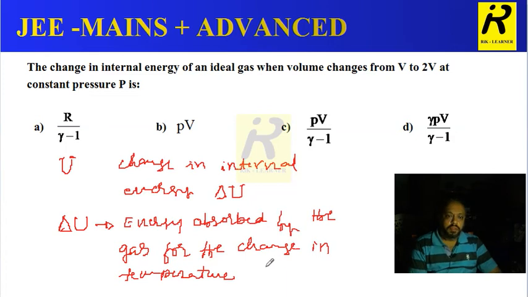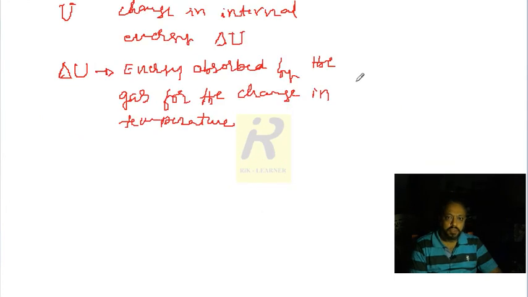So, this has a relation further like this. Delta U is equal to Cv into delta T.